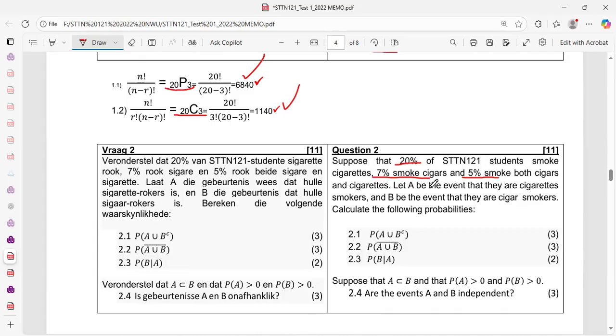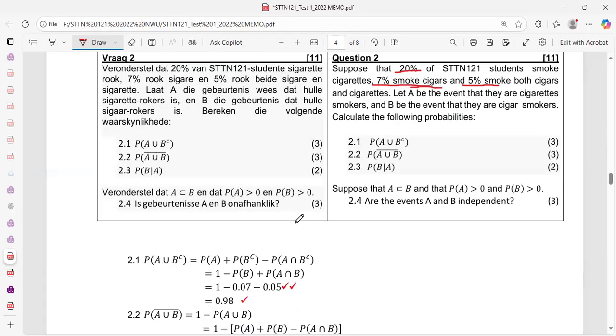Let A be the event that they are cigarette smokers, and B be the event that they are cigar smokers, which is this one, 7%. Then 5% is for both of them. So the probability of A and B is 5%, 0.05. The probability of B is 0.07. The probability of A is 0.2.